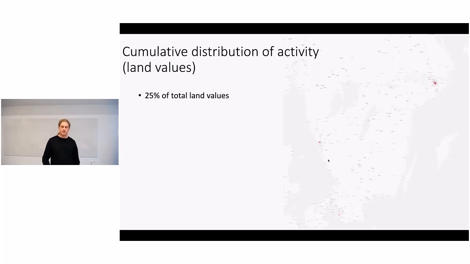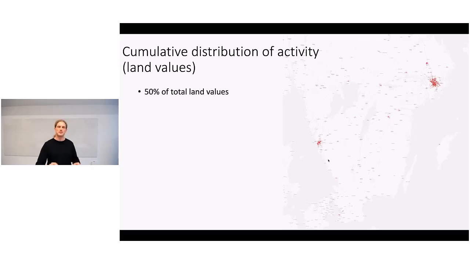But if we start to look, we look at Sweden this time because Alexander's project has spent tens of thousands of kronor to get this kind of data, so we would like to make use of it a little bit. So you can see these small red areas, that is 25% of the total land value.